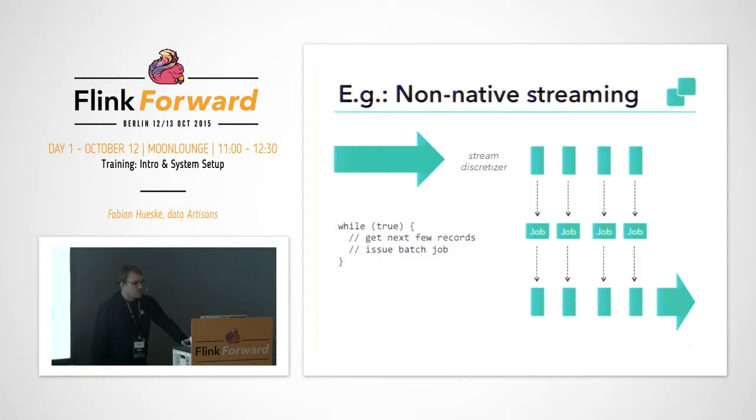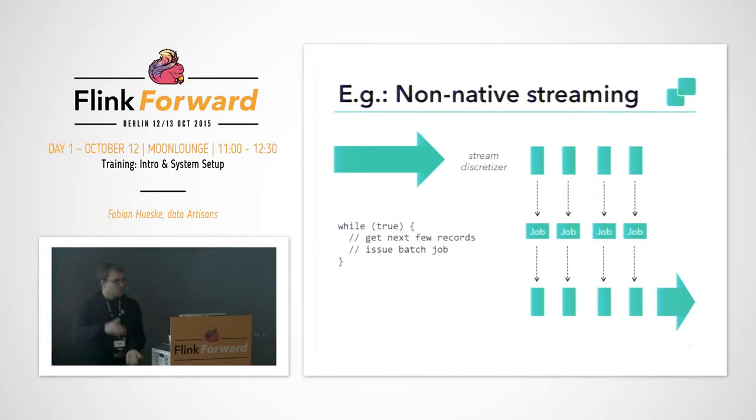Looking at non-native support for streaming, this could be like discretizing the batch, as we heard in the keynote. A stream is an endless flow of data, and you somehow need to put it into buckets, into windows, to operate on them.